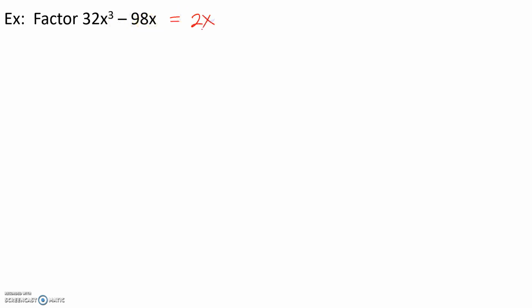So our GCF would be 2x. In the parentheses, if you divide 32x cubed by 2x, 32 divided by 2 is 16, x cubed divided by x is x squared, 98 divided by 2 is 49, and x divided by x is 1. So this gives us 2x times the quantity 16x squared minus 49.